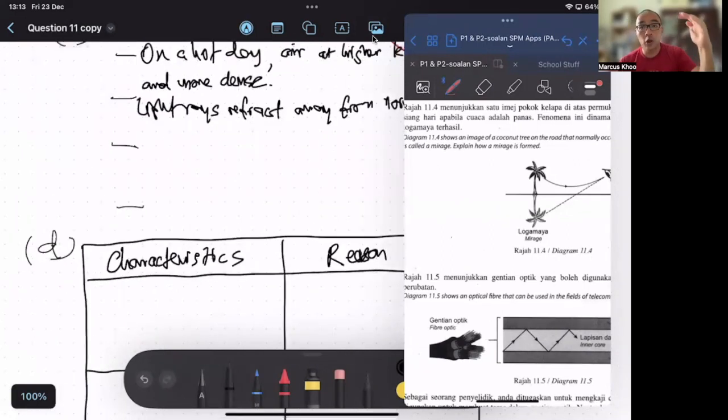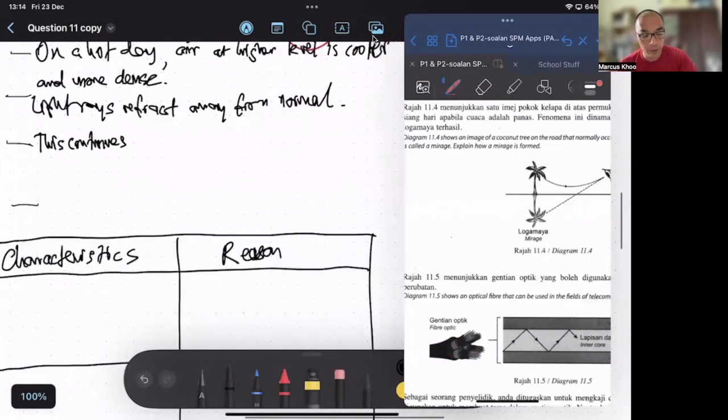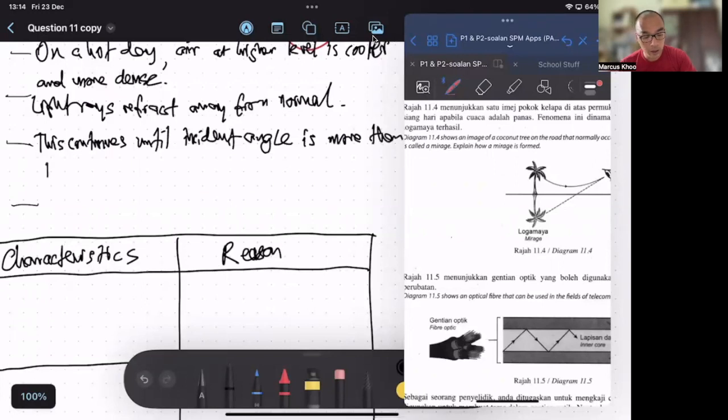So, and it will continue to do so. Okay, this continues until the incident angle is more than the critical angle. And then when this happens, total internal reflection occurs.